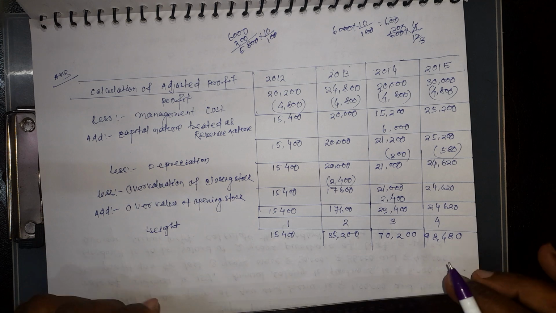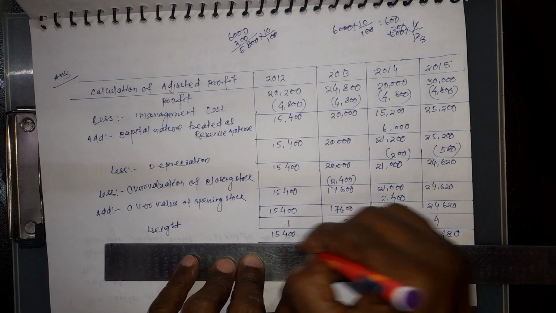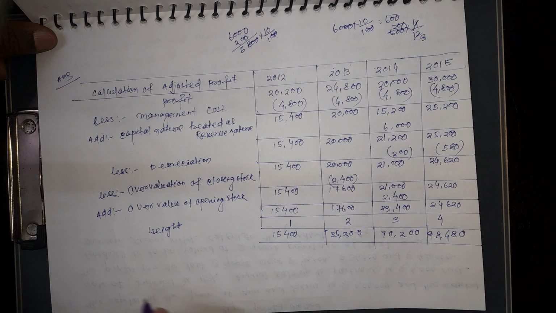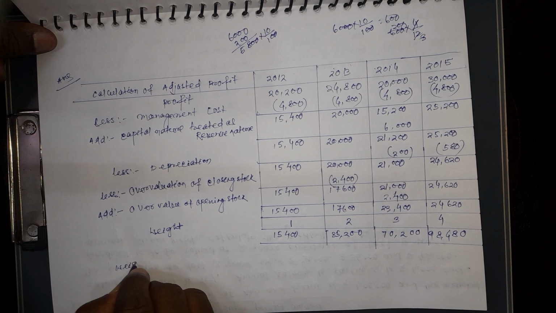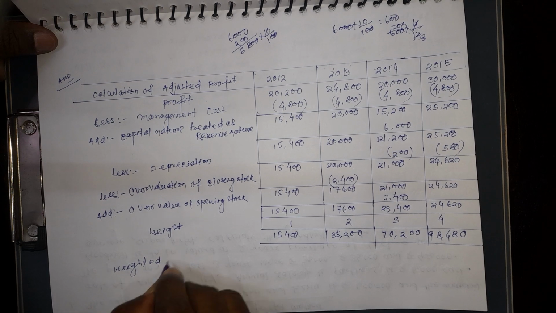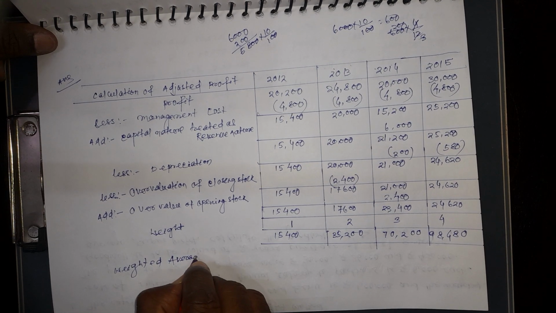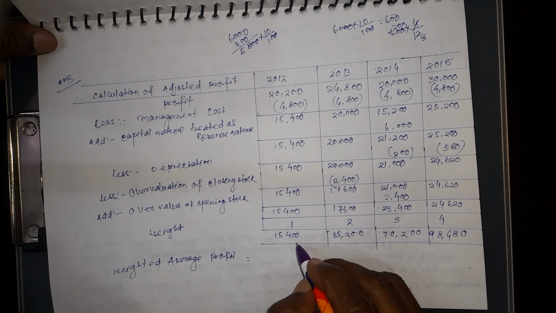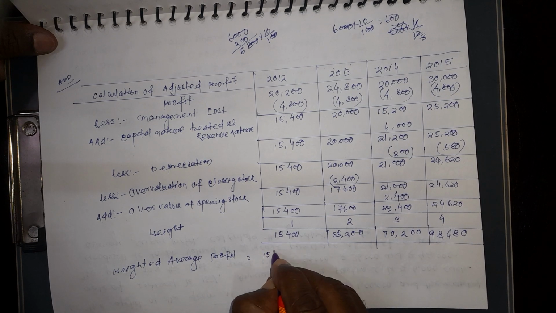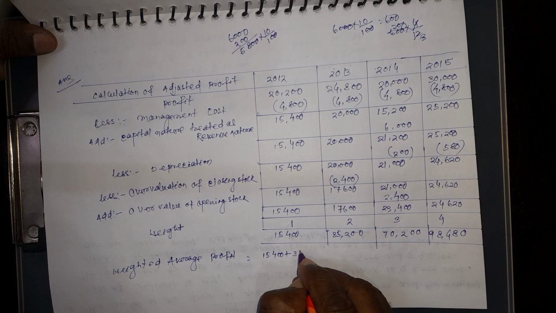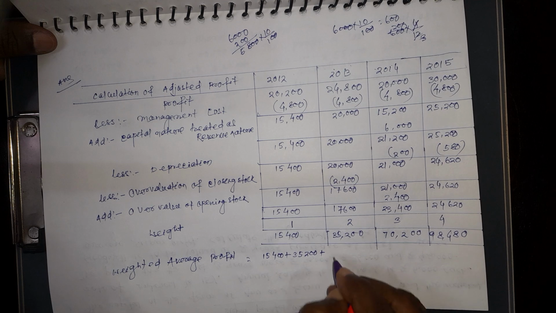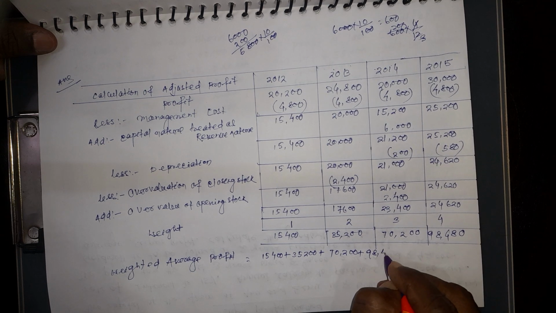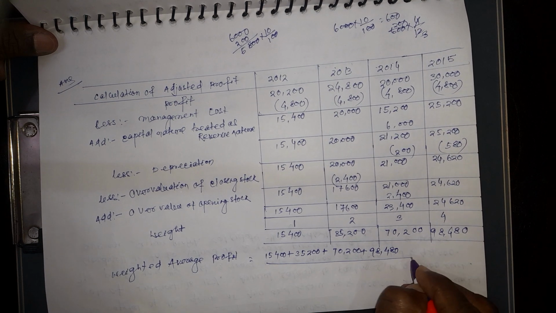Clear? So now we'll calculate the weighted average profit. Whenever we calculate weighted average profit, we have to add all these products: 15,400 plus 35,200 plus 70,200 plus 98,480 divided by, don't divide by 4.